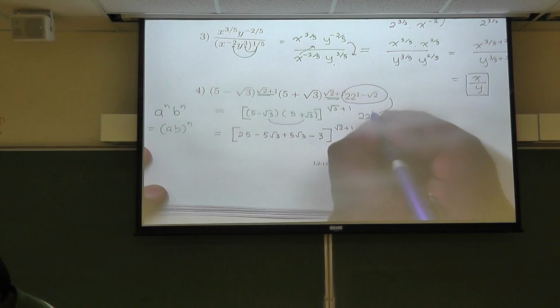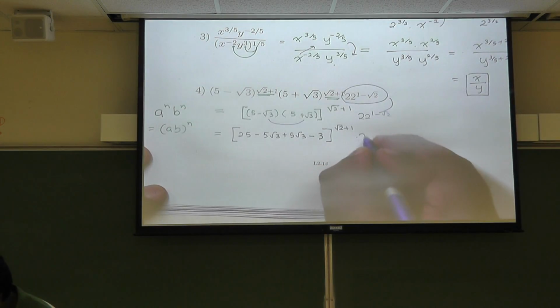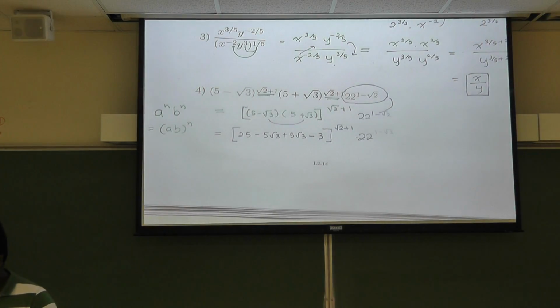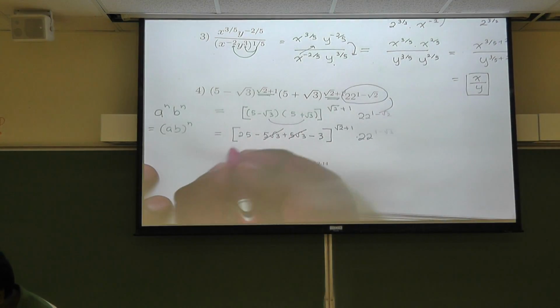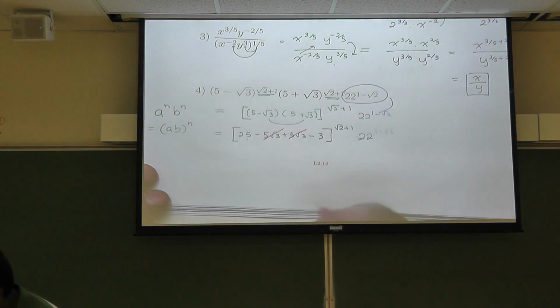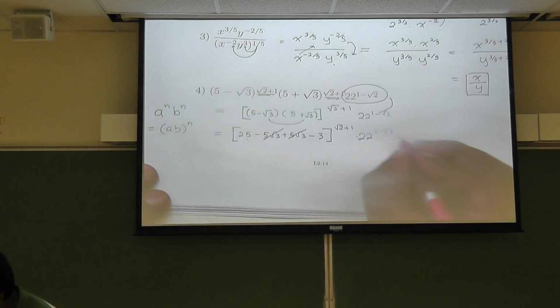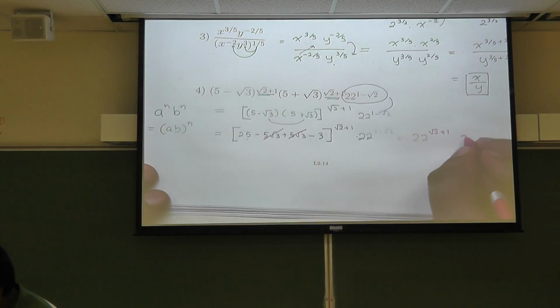So 22 to the 1 minus root 2, 22 to the 1 minus root 2 is still there. So you can see that these two cancel off and you end up with 25 minus 3, which is 22. So what you have here is 22 to the power root 2 plus 1, and then 22 to the power 1 minus root 2.